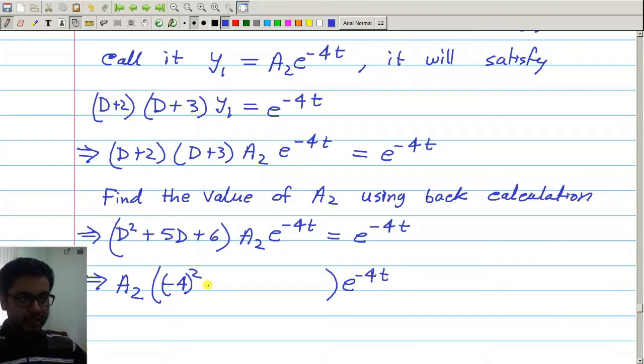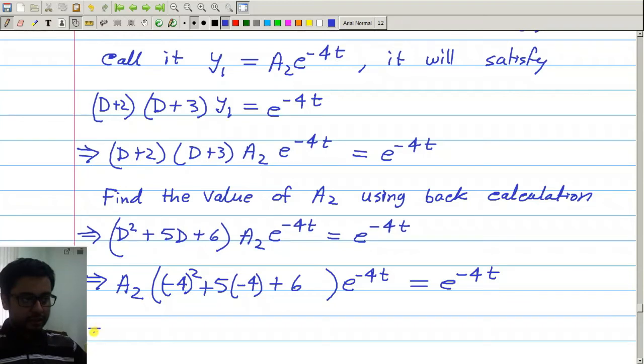Then 5 times the first derivative of e to the power minus 4t will be 5 times minus 4 multiplied by e to the power minus 4t, plus 6 multiplied by e to the power minus 4t, and the right hand side is as it is.